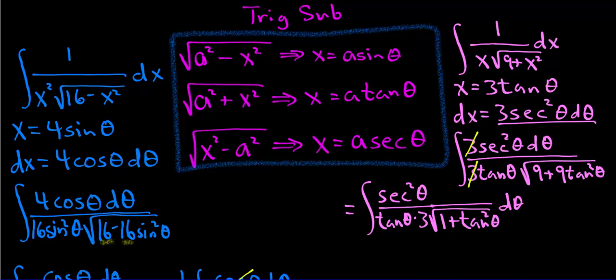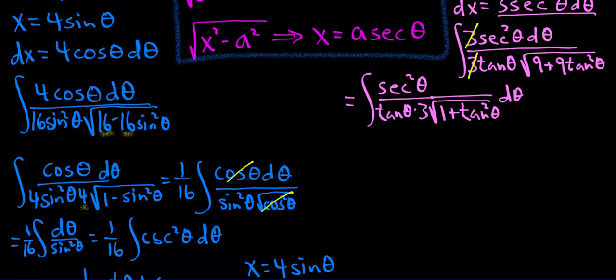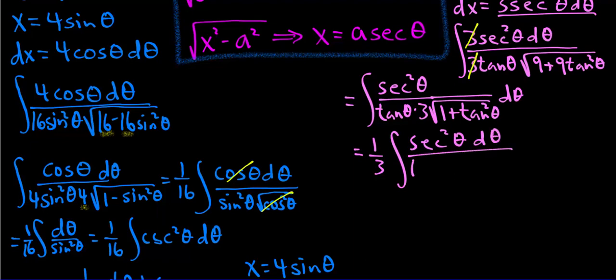Okay, so I just look here, make sure I'm not making any mistakes. Now this 1 plus tangent squared theta is going to be secant squared theta. So I've got 1/3, just bringing that 3 out, secant squared theta d theta over tan theta, and then the square root of secant squared theta.